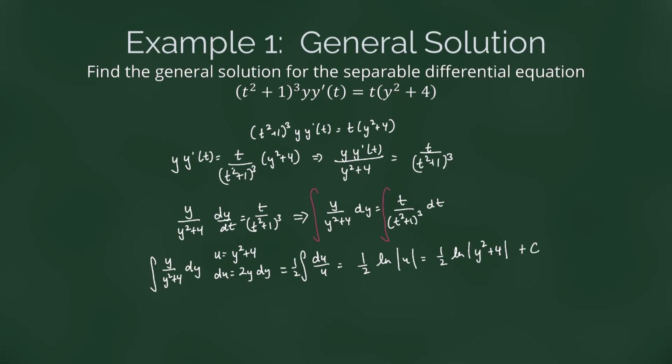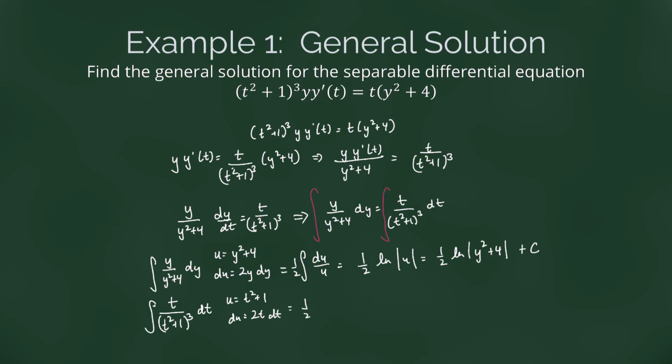plus some constant c. On the right-hand side, we have the antiderivative of t over (t squared plus 1) to the third dt. Again doing a substitution, u is t squared plus 1, so that du is 2t dt.